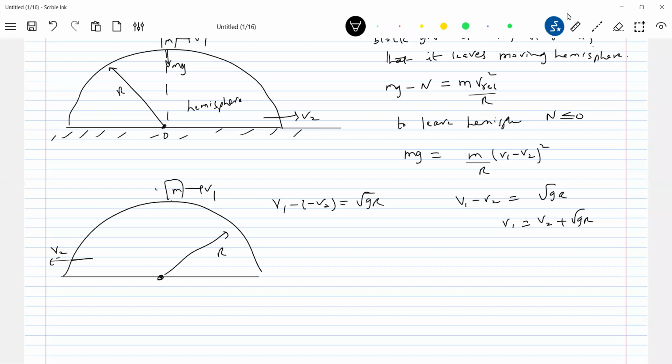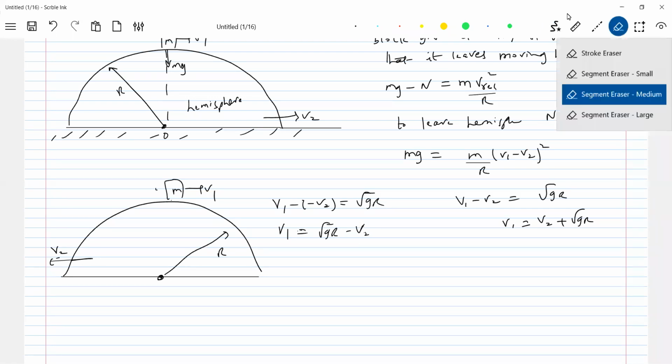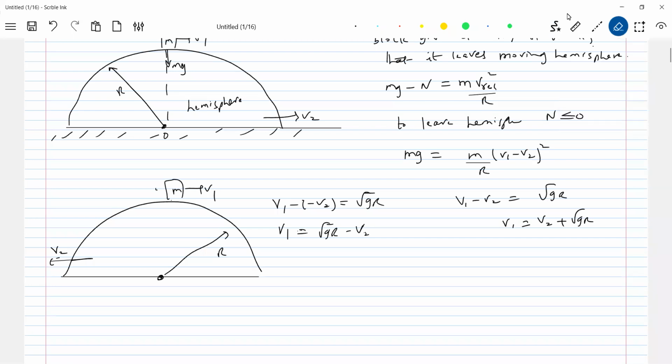Root gr. v1 equal to root gr minus v2. So this should be the velocity of the block at the highest point so that it will leave the hemisphere. If you give less than this, it is going to slide down.